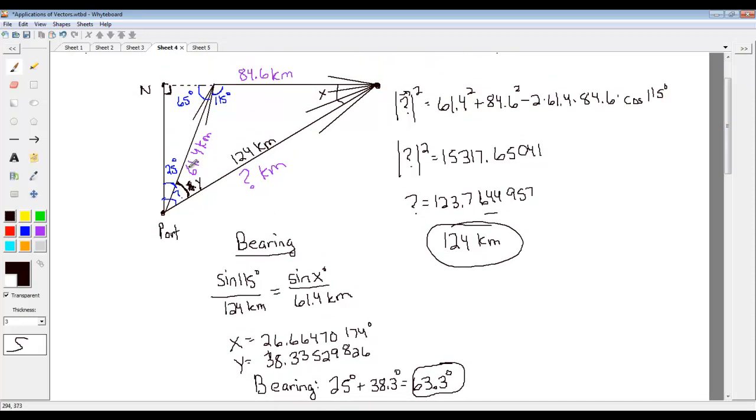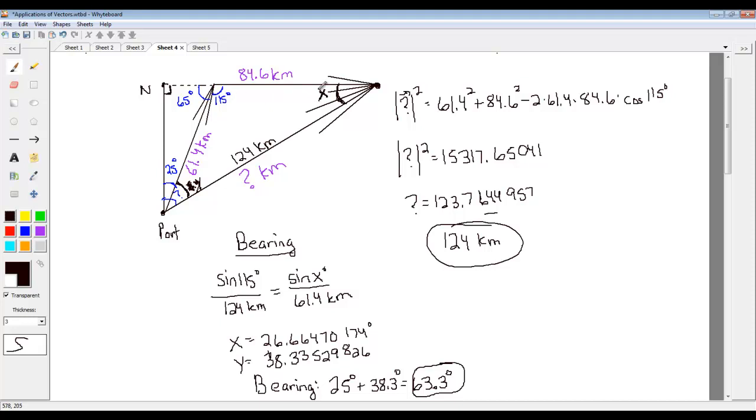So I apologize for that, backtracking a little bit. When I was doing this, labels were bad, I was pointing to the wrong thing. I took the angle of 115 and used its opposite side, 124. And since I was using the 61.4, I was actually finding this angle. That should have been labeled x, and this one y. So once I found x, I knew 115 and I knew the 26.7 basically.